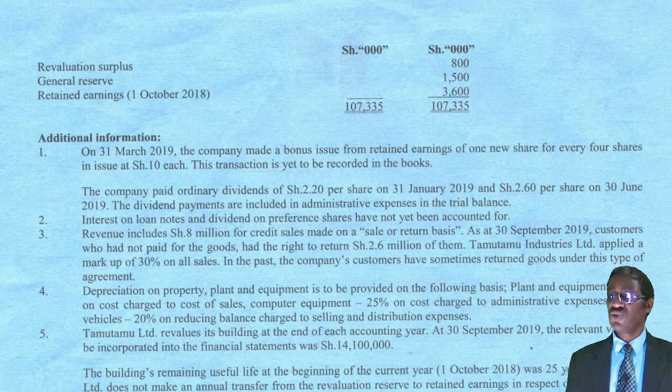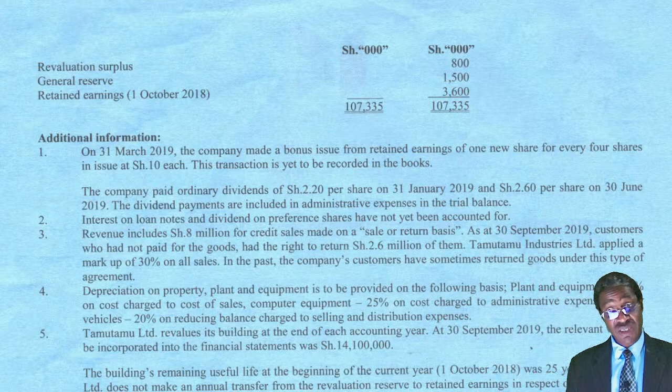Then the question goes on to say, as at 30th September 2019, customers who had not paid, they are our debtors, customers who had not paid for goods had the right to return 2.6 million of them.